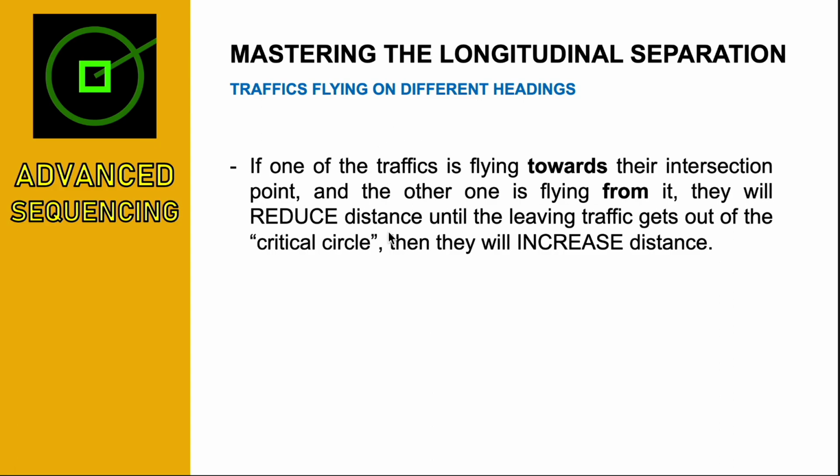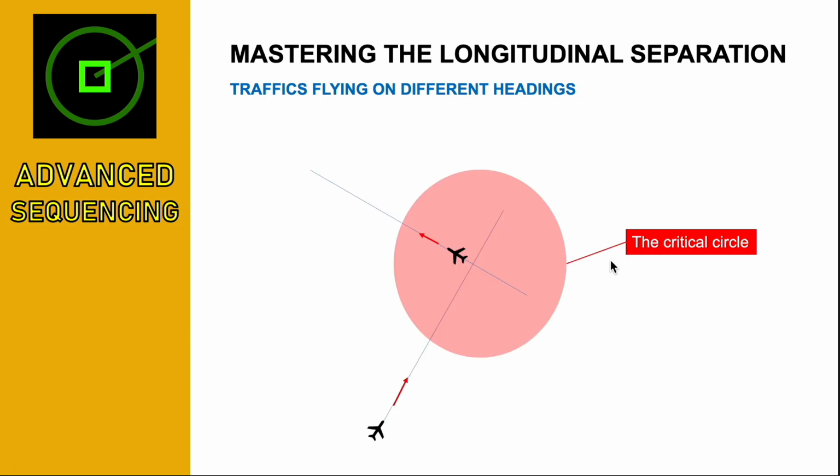They will reduce distance until the leaving traffic gets out of the critical cycle, then they will increase distance. So here, if the traffic is here, until this traffic reaches here, they are reducing distance. But once the traffic leaves this space, they are increasing distance.